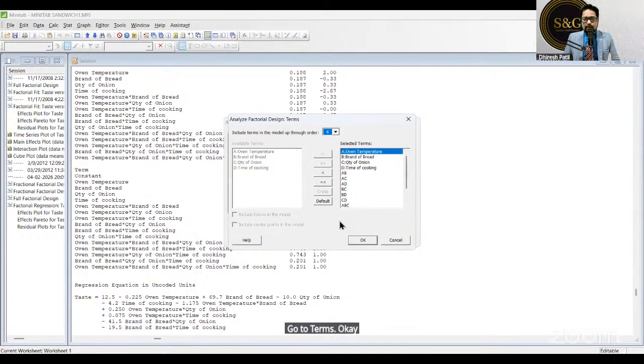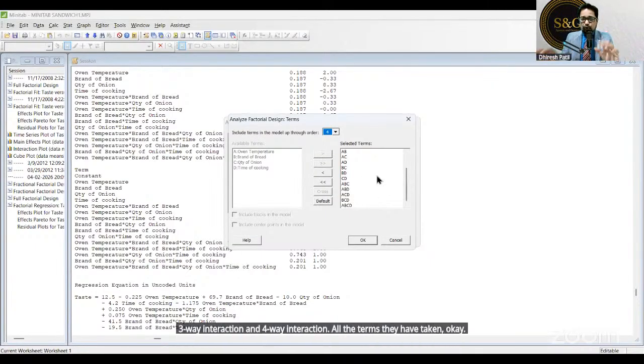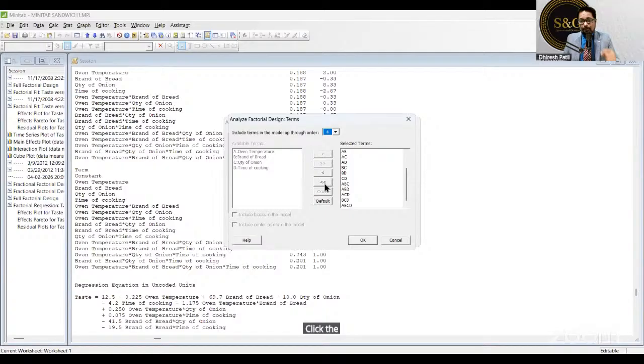Okay. So all this will come. Right now they have taken all the terms. You can see here A, B, C, D is there. A, B, A, C, A, D, B, C, all these things. Three-way interaction and four-way interaction. All the terms they have taken. So first what we'll do, we will deselect all of them. The double arrow means selecting everything.